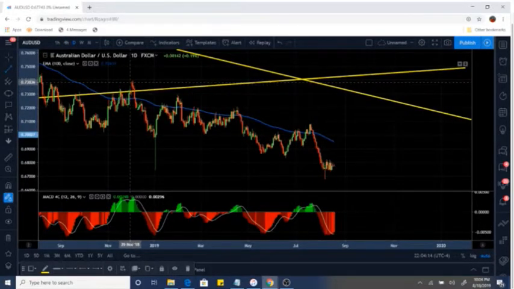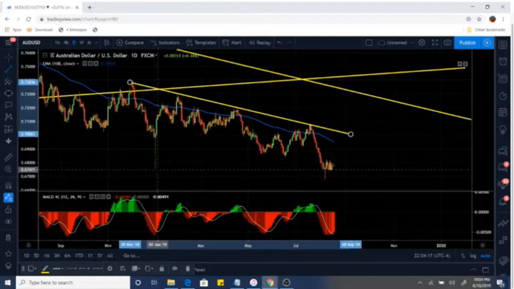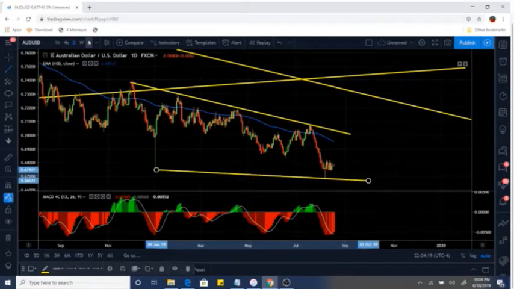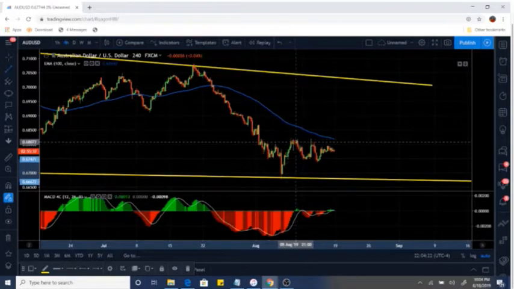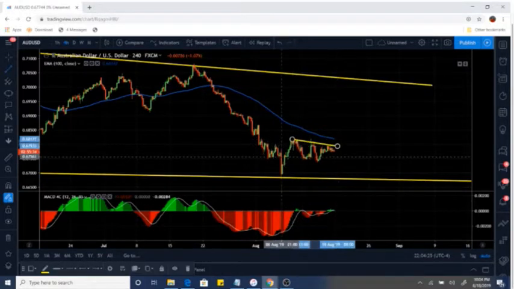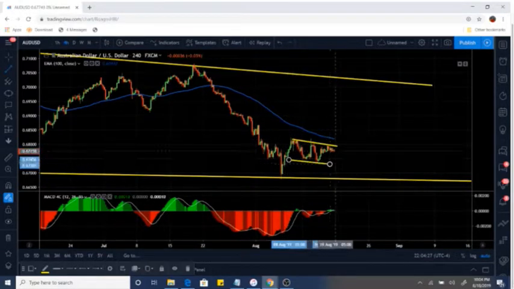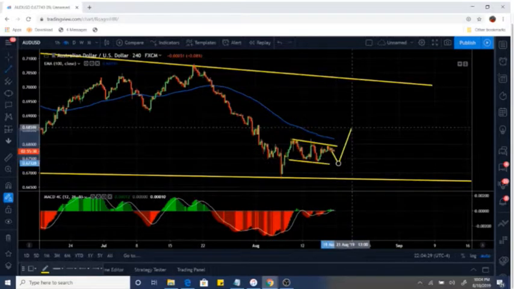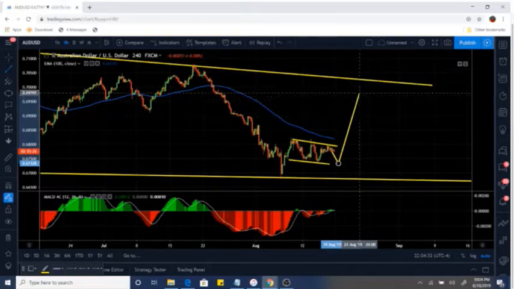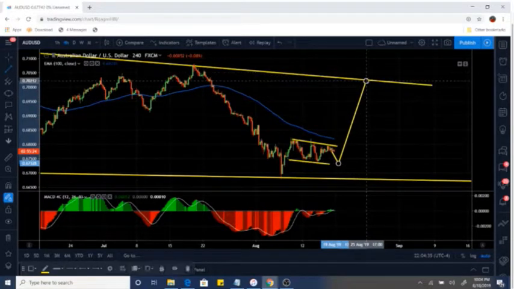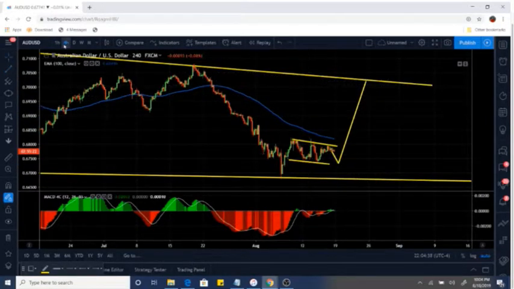Right. So I'm looking for this to come up. I'm looking for this to pull back and then come up some, probably around this zone here before going back down.